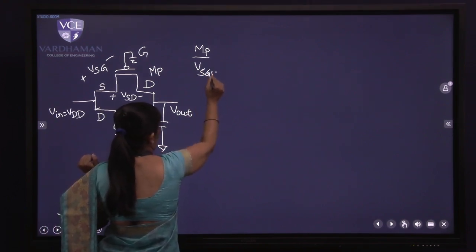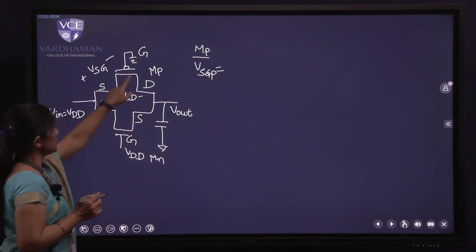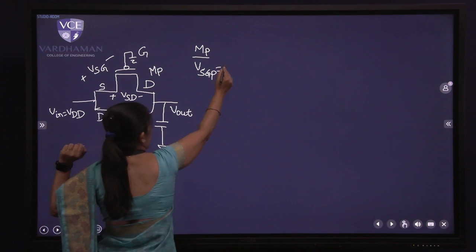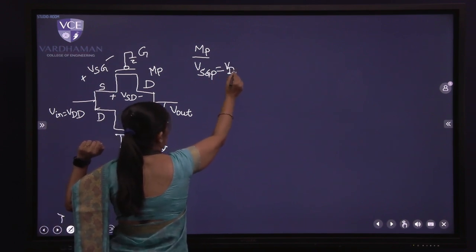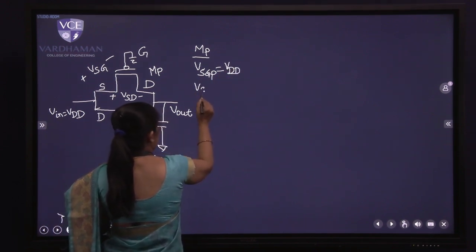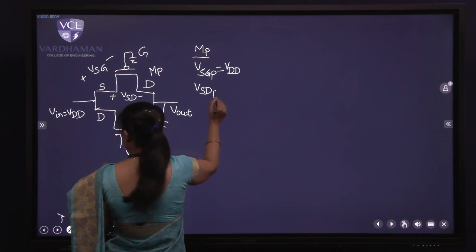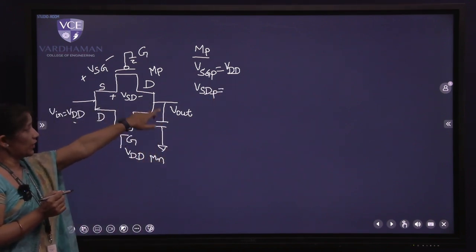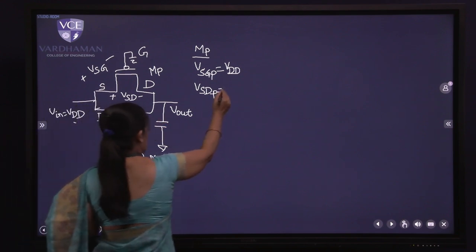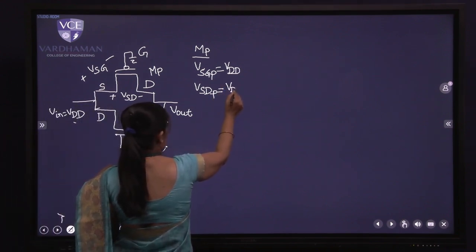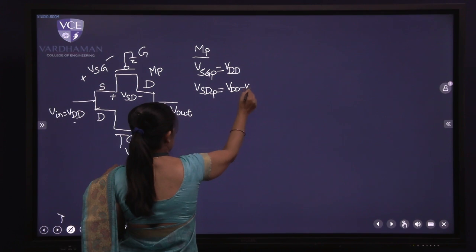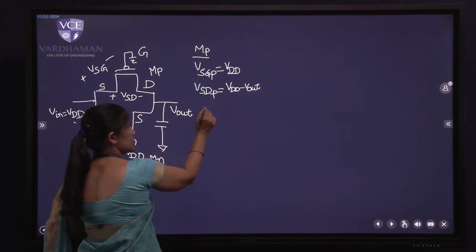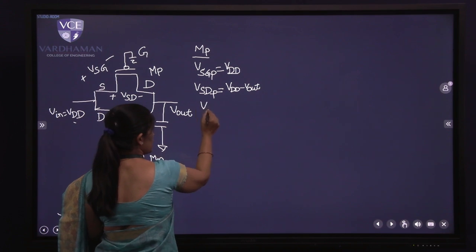VSGP: G is grounded, S is connected to VDD, so I'll write here VDD. Similarly, VSDP will be written as S is connected to VDD and drain is connected to Vout, so I'll write it as VDD minus Vout. Now let us determine the operating region for this.